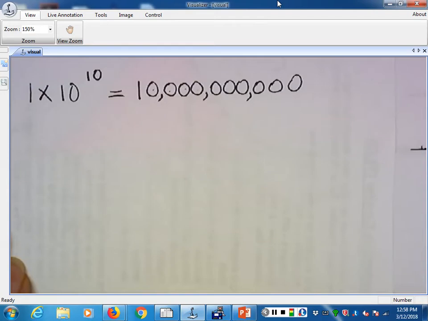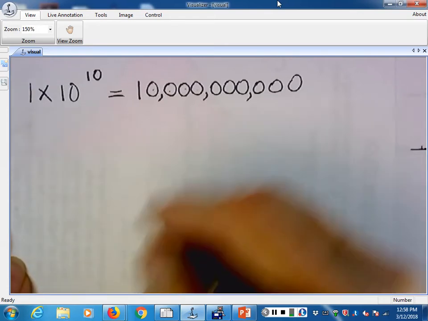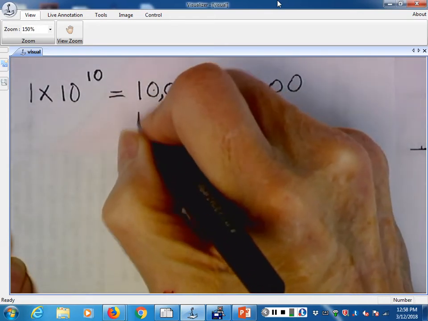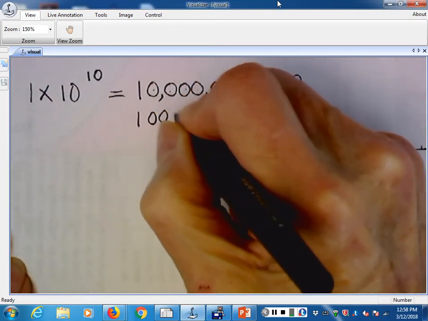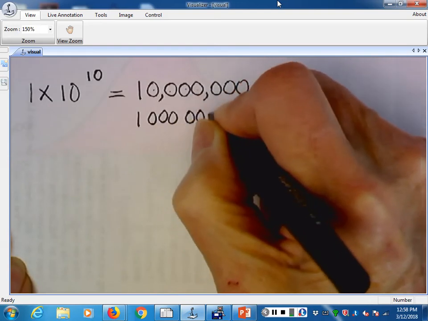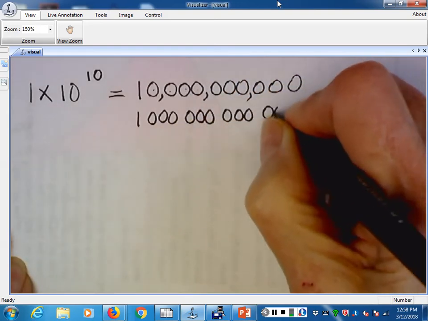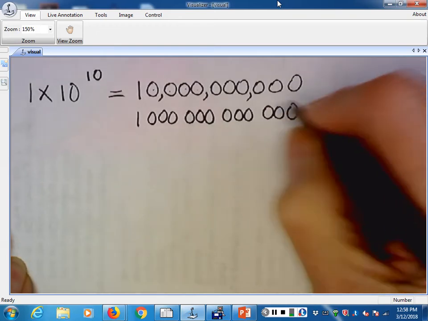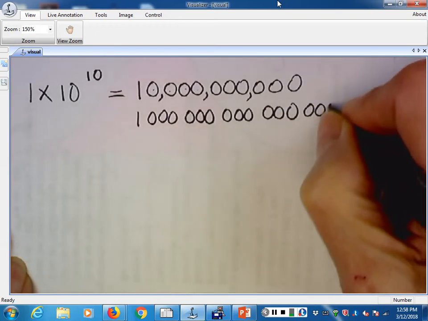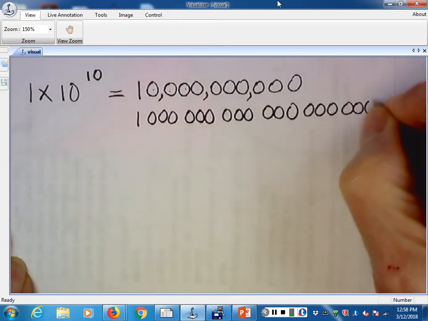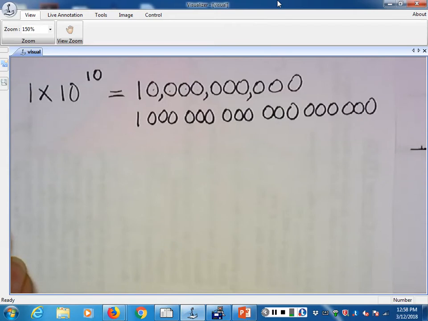They don't measure the national debt in billions. They measure it in trillions. That's a trillion. 18 zeros.